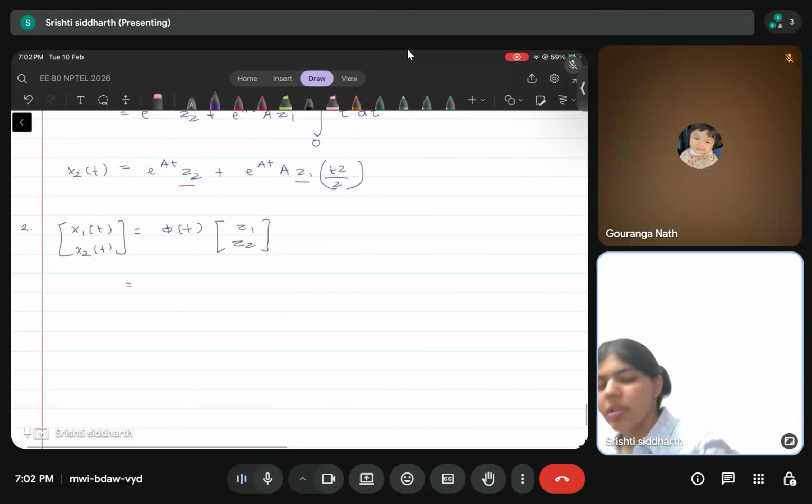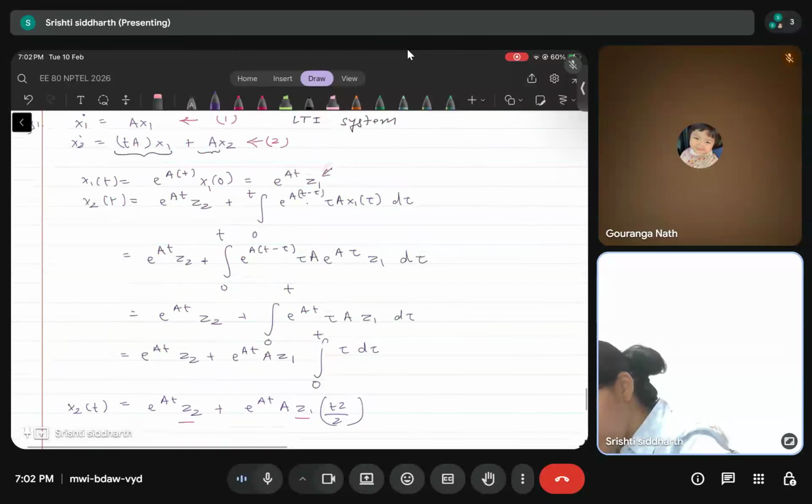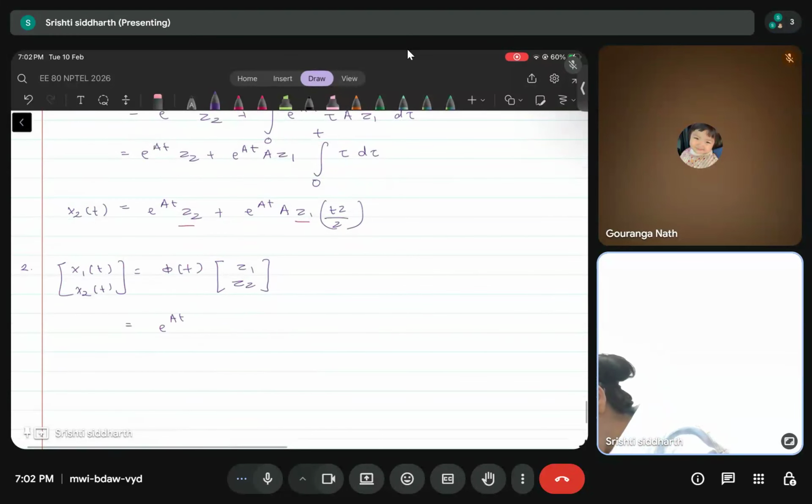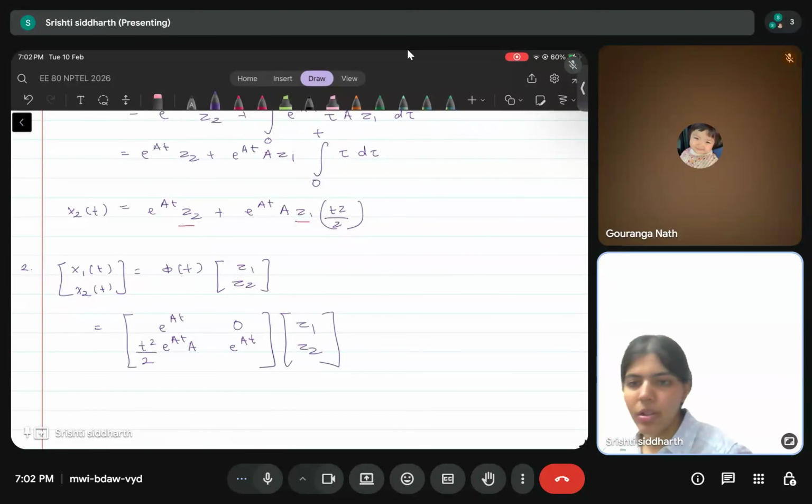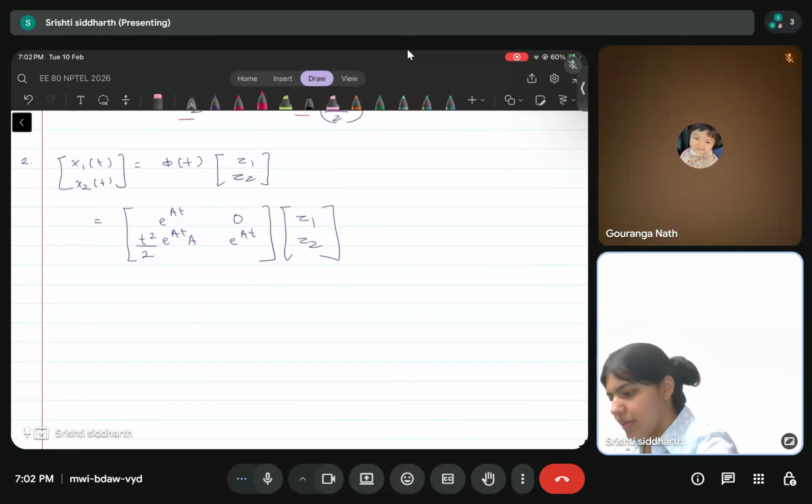So let's write down this state transition matrix. So this is e to the power At, 0, then t squared by 2 e to the power At times A, times Z1 Z2. So this is the state transition matrix.